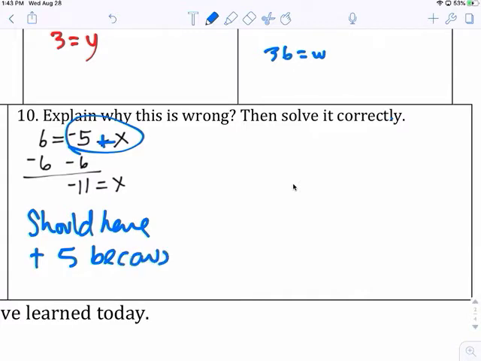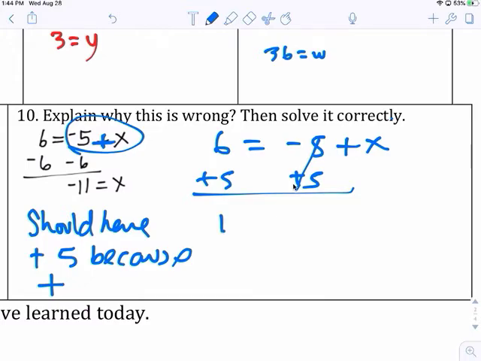Okay, should have added 5 because of the plus. This plus here. So 6 equals -5 plus x. Add 5, add 5. So 11 equals x.